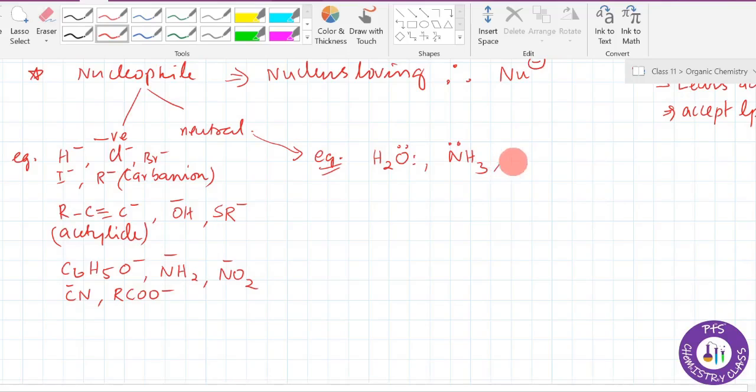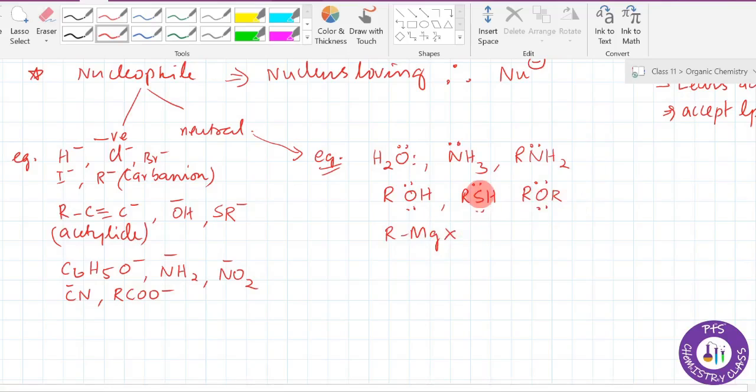Any compound which carries nitrogen and oxygen: wherever you have oxygen you have 2 lone pairs. So alcohols, ammonia, amines, water, then thiols, ethers, any species which contains O. You will be seeing all these things next year.